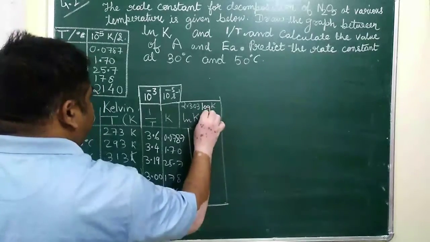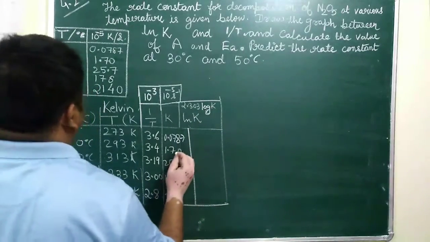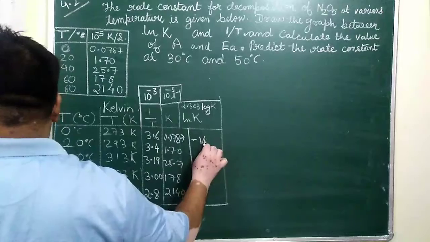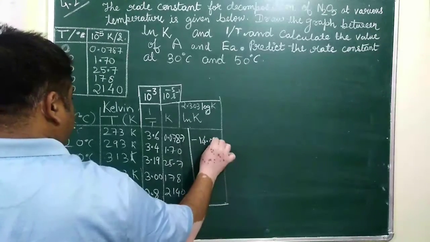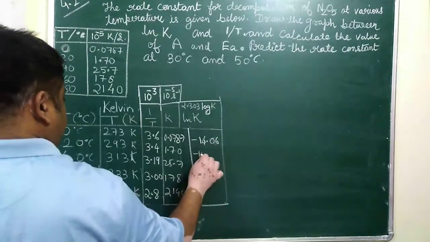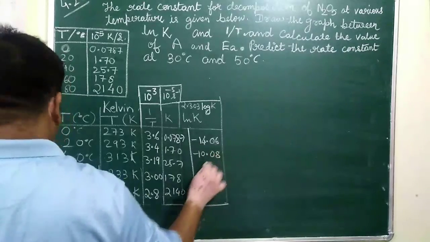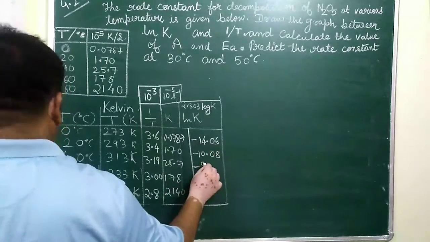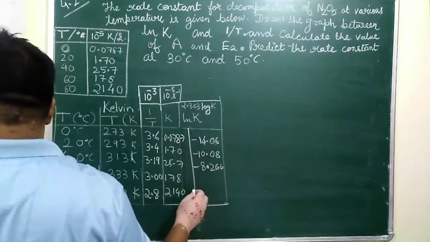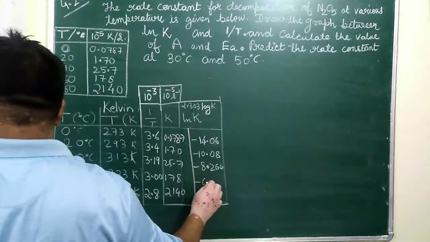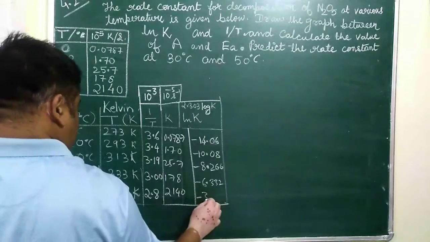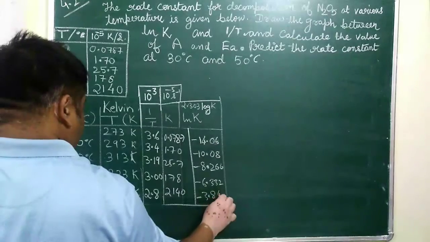Now log of this value multiplied with 2.303 will give minus 14.06, minus 10.08, minus 8.26, minus 6.332, minus 3.844.